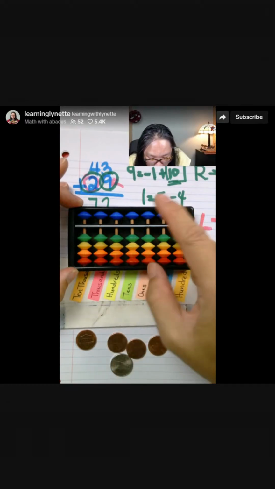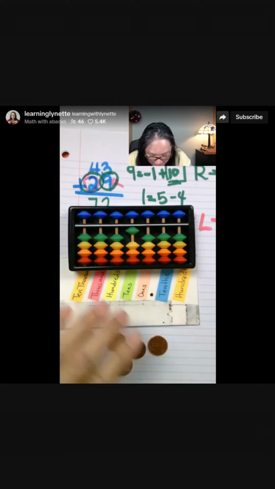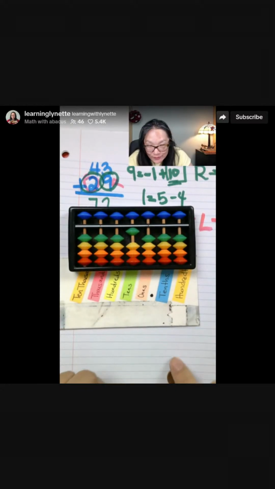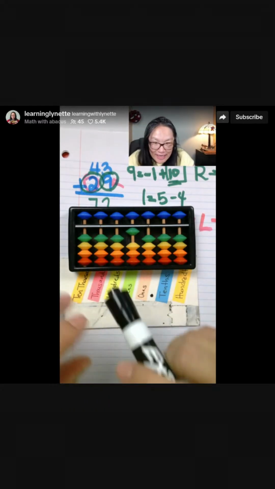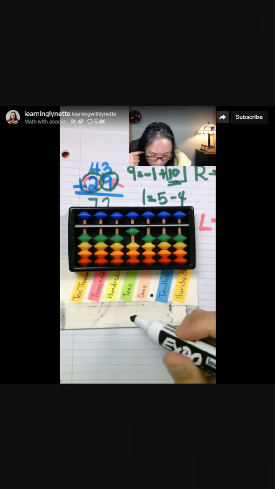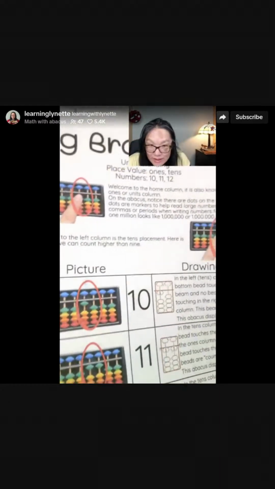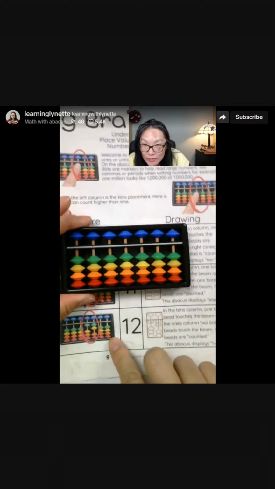If you notice, 10 is a 1 and a 0. So what's going to happen is when I do 10, I can do 11. 11 is 1 and 1. 12, right, is 1 and 2.